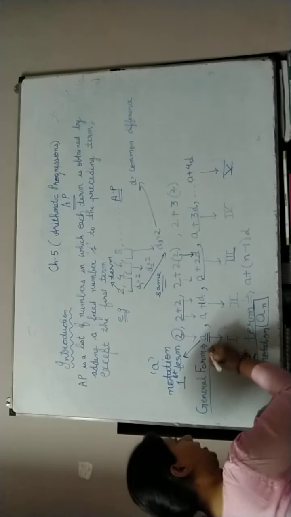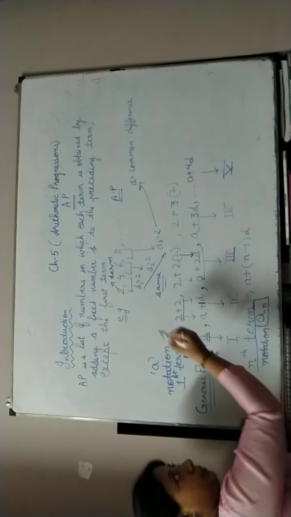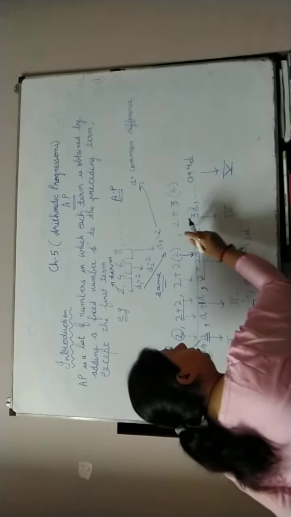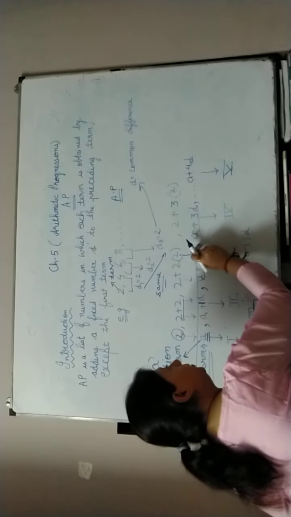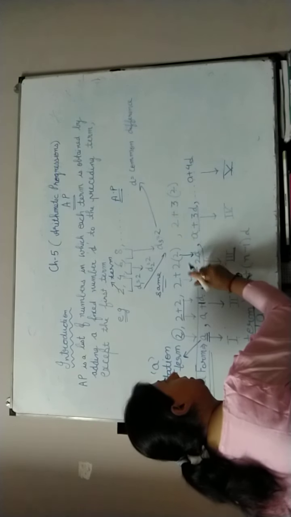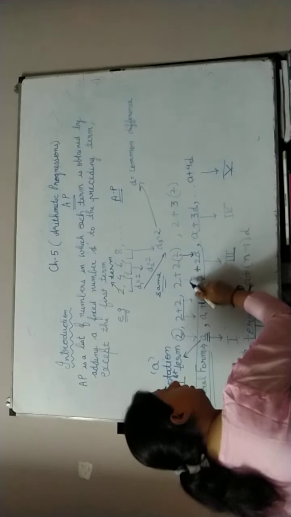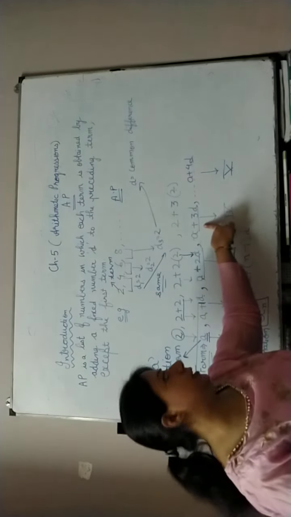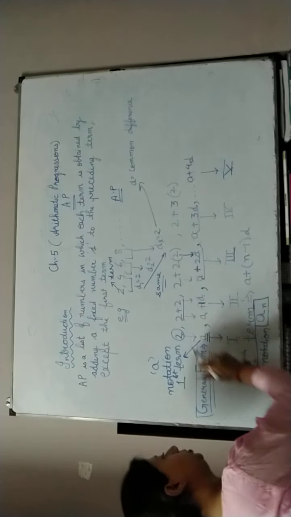You have to cram this form: in an AP series the first term is a, the second term is a plus d, the third term is a plus 2d, the fourth term is a plus 3d, the fifth term is a plus 4d, and so on.